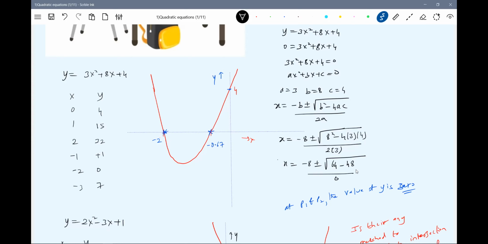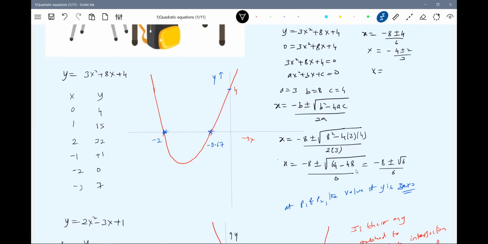That gives 16. The square root of 16 is 4, so x is equal to minus 8 plus or minus 4 by 6.